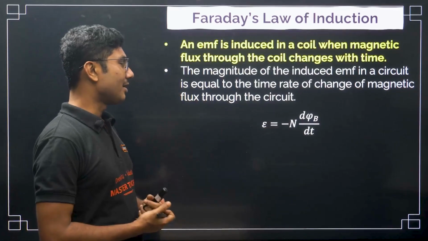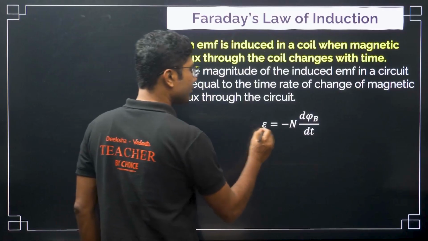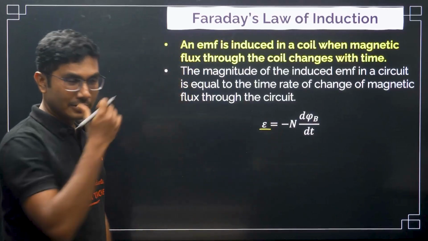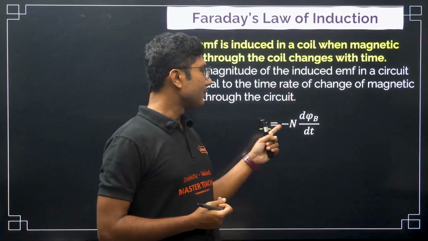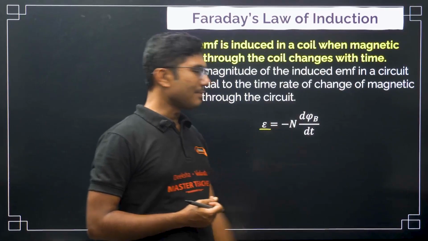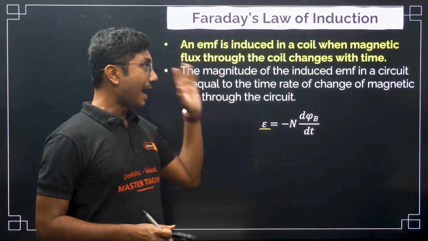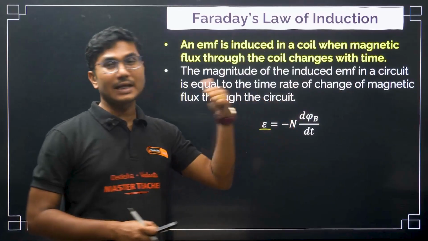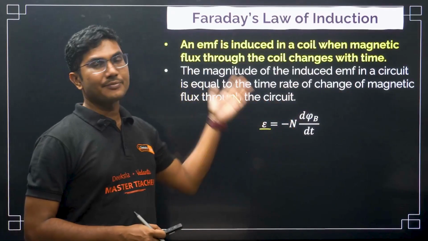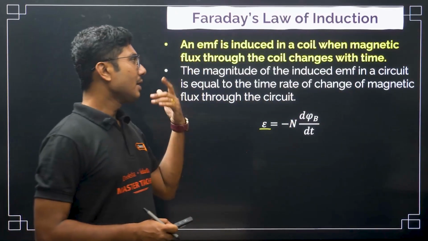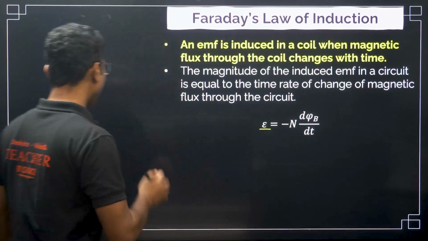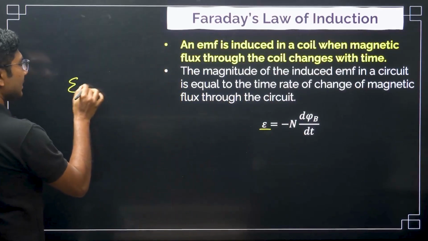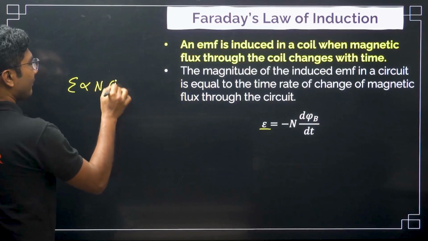Epsilon is the induced EMF, so EMF is equal to minus n d phi by dt. According to Faraday's law, the negative sign does not come from it; it comes from Lenz's law. But anyway, this is the correct mathematical form. Faraday's law just states that it is n d phi by dt.